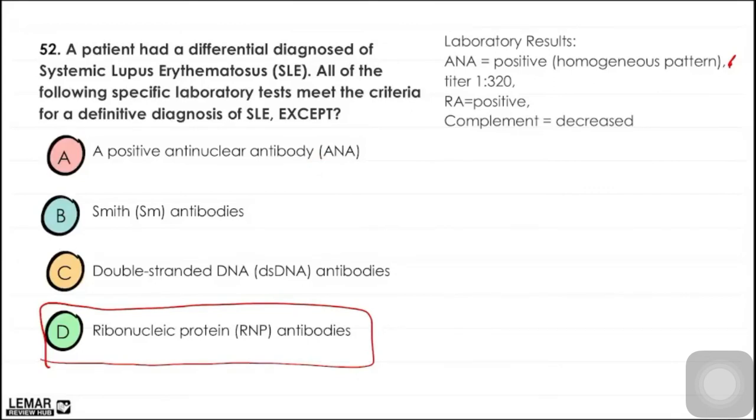In a screening for lupus erythematosus, it also includes an RA testing or the rheumatoid factor testing. So, this screening assay detects the presence of antibody which are linked with rheumatoid arthritis and other conditions such as systemic lupus erythematosus.